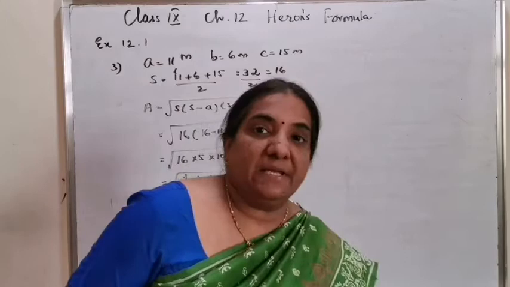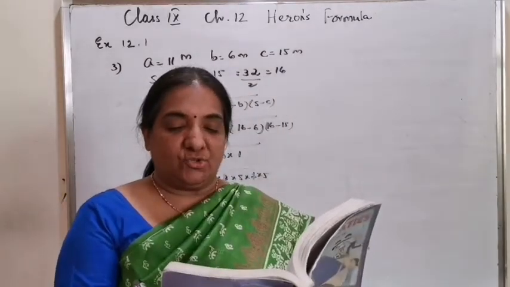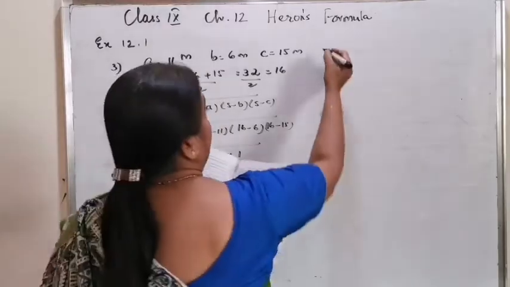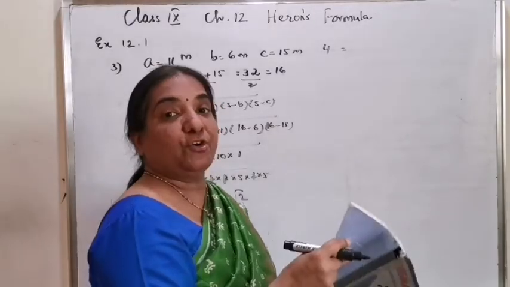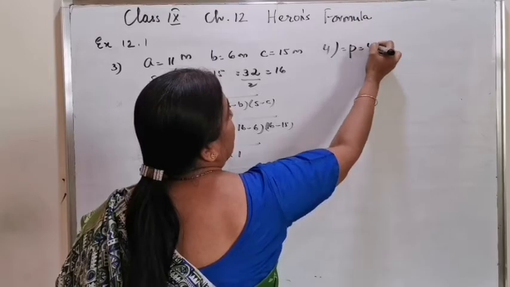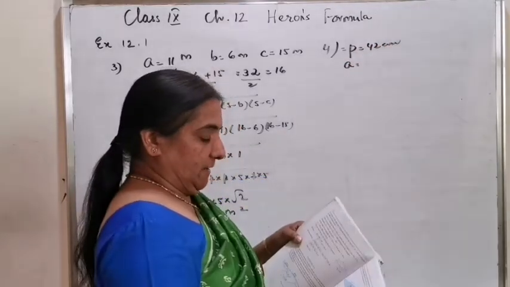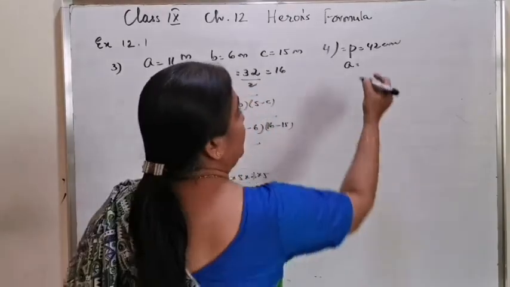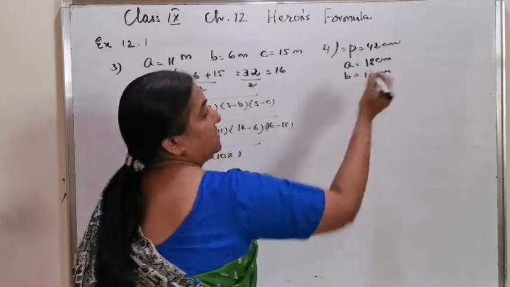The values can be written as such. Question number 4. Find the area of a triangle. Two of its sides are 18 and 10, and the perimeter is given as 42 centimeter. Side A is 18 and B is 10.